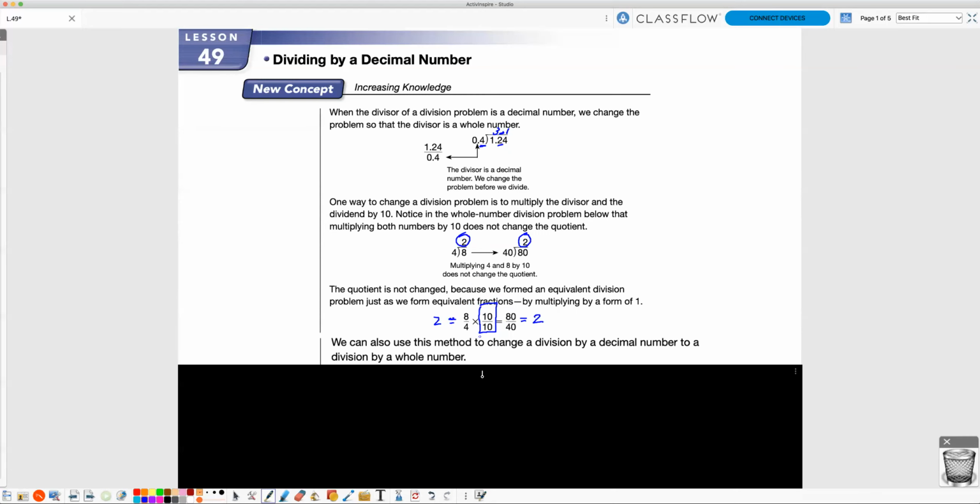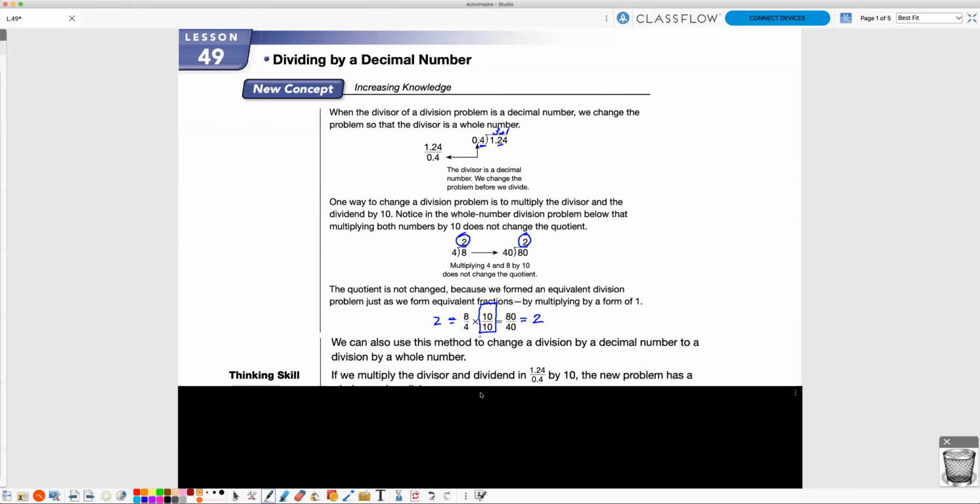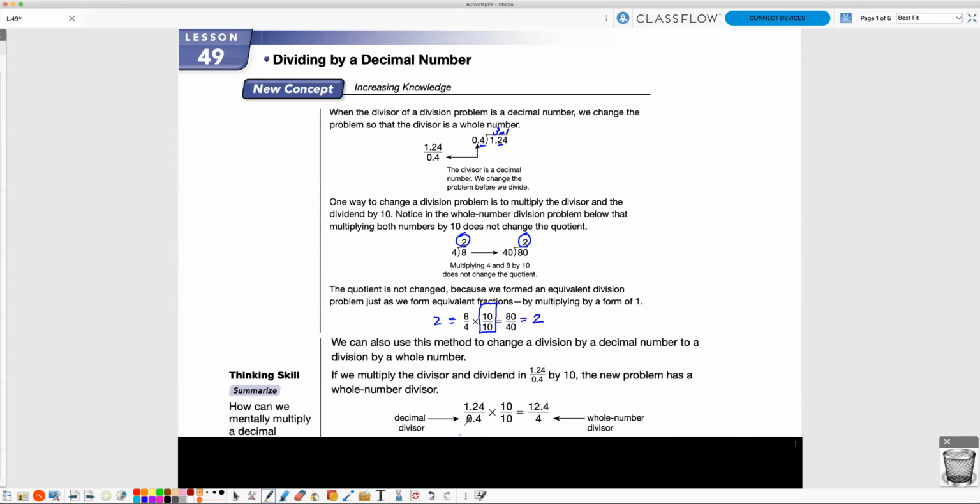We can also use this method to change a division by a decimal number to a division by a whole number, which is necessary. If we multiply the divisor and the dividend in 1 and 24 hundredths divided by 4 tenths by 10, the new problem has a whole number divisor. So for example, 1 and 24 hundredths times 10 is 12 and 4 tenths. 4 tenths times 10, when you're multiplying denominators, ends up being 4.